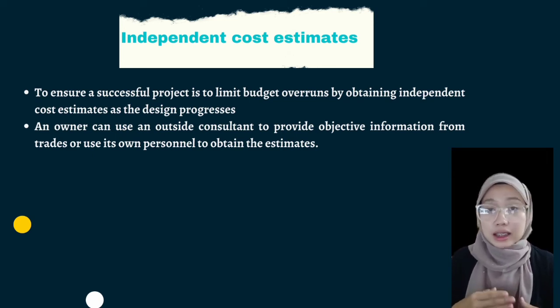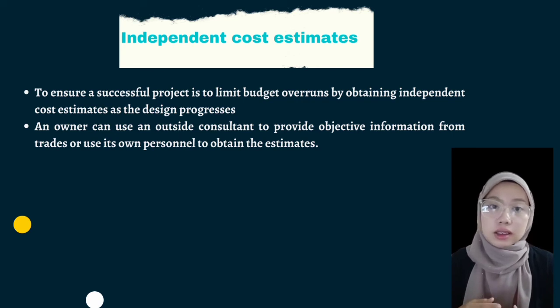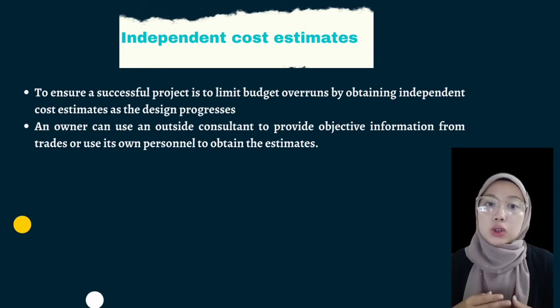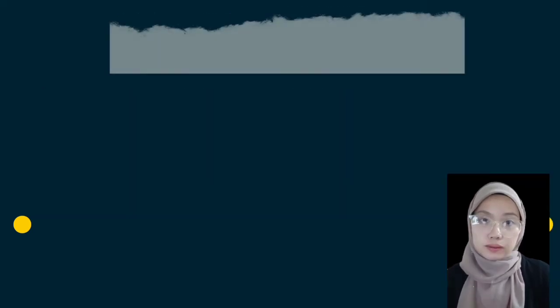An owner can use an outside consultant to provide objective information from trades or use its own personnel to obtain the estimates. Although this service involves an extra expense, the expense is modest and well worth the cost.